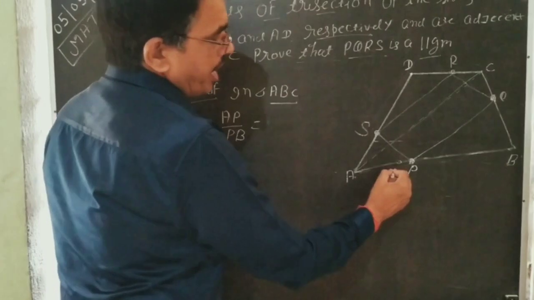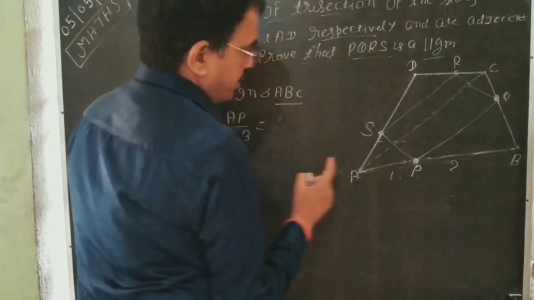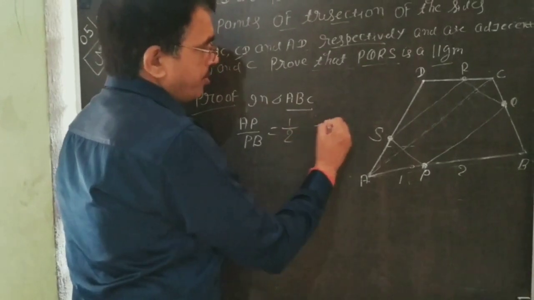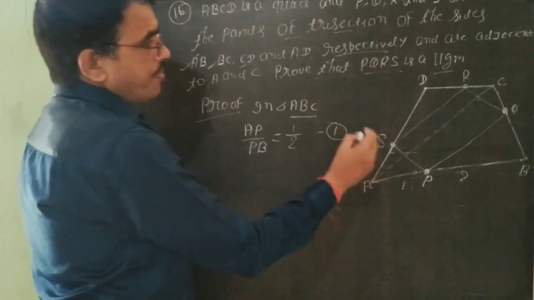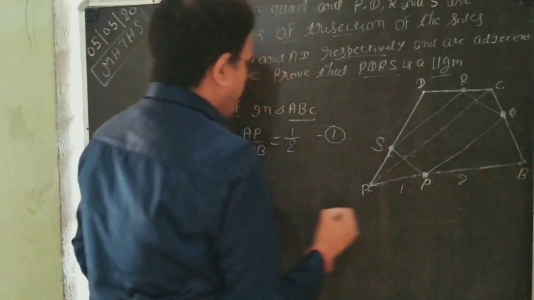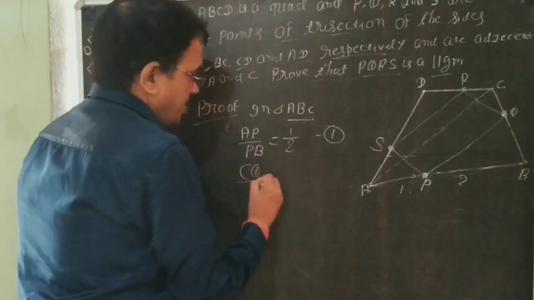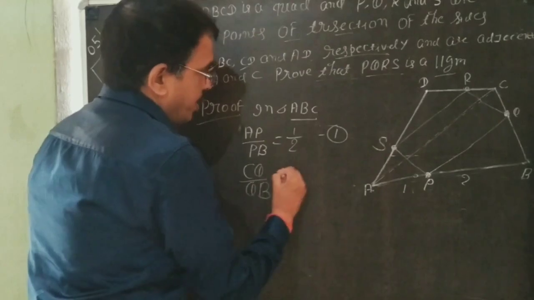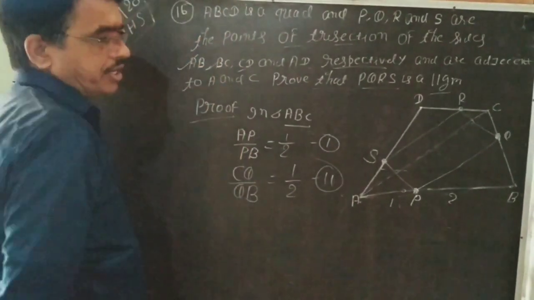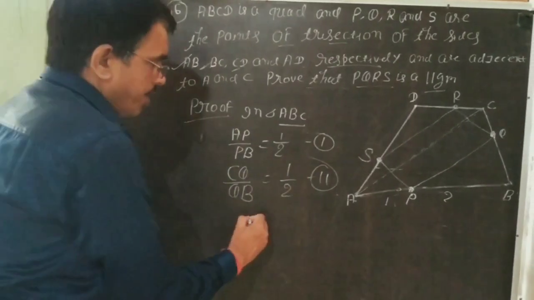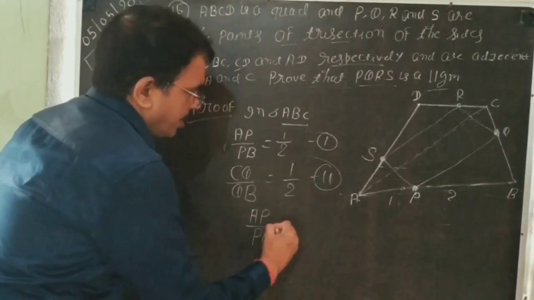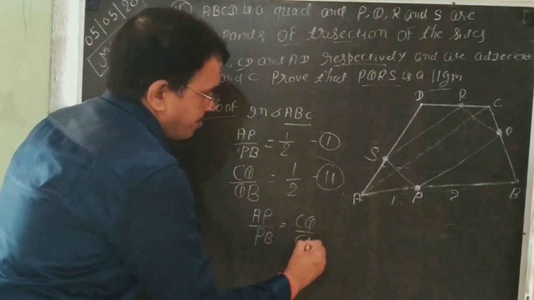I told you that a trisection may be 1 to 2. So we can write this is equal to 1 by 2, equation first. Similarly, this side CQ by QB is also a trisection, so it is also 1 by 2. What do you get? From first and second, you get AP by PB is equal to CQ by QB.